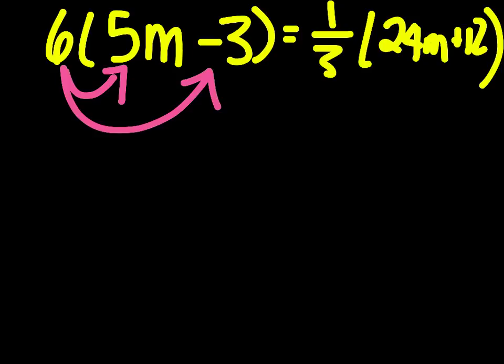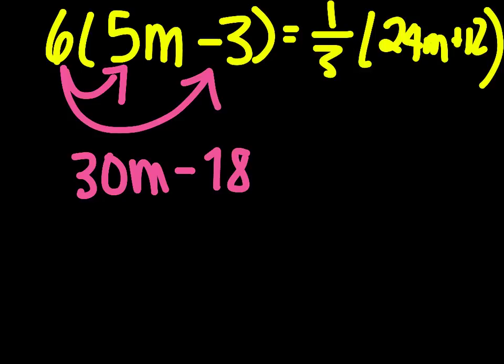So that means that we're going to be multiplying the 6 times the 5m and times the negative 3. So now you would get 30m, because 6 times 5 is 30, and then you bring the variable. And then 6 times negative 3 is now negative 18. And then on the other side, we would do the same thing.